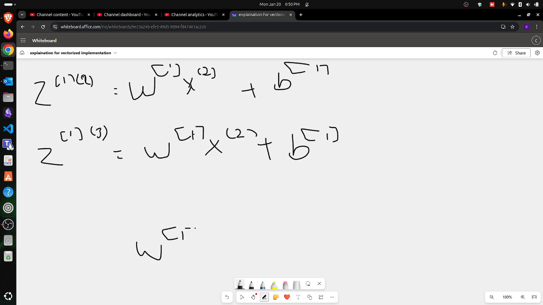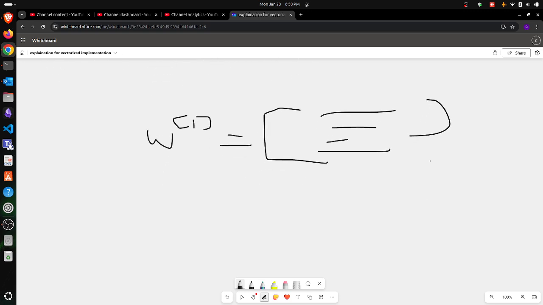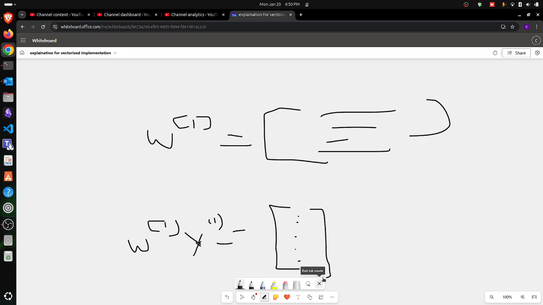For this thing we are going to have a matrix which will look like this, and for this thing, this is X by the way, we are going to have this matrix where we have some column vector, right? So this will be our column vector.